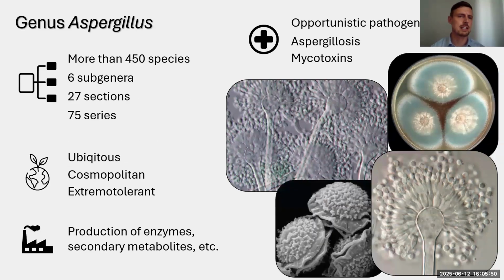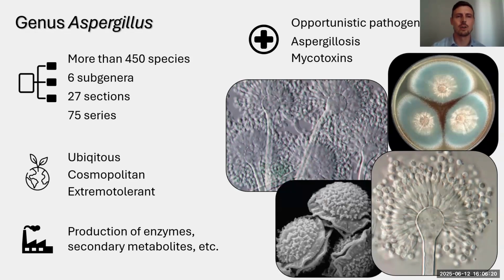And as Kobus said, I am mainly concentrating on Aspergillus, although we are doing, of course, studies or taxonomic revisions of other fungi as well. But most of my studies focused on Aspergillus. So here is a very quick introduction to this genus. It's of course a hugely important genus of filamentous fungi.